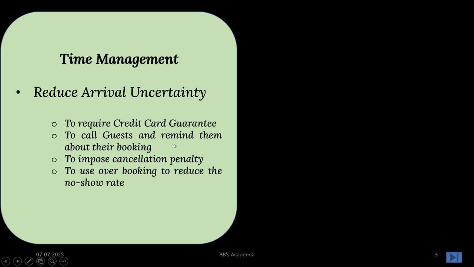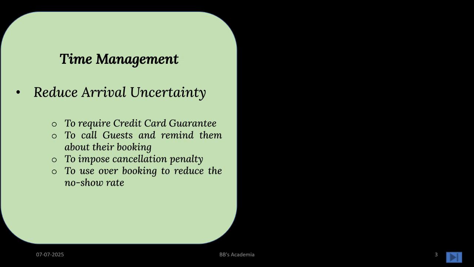Another way is to call the guest and remind them about their booking. At least 1 day or 2 days before the day of arrival, you can easily call the guest and remind him that he is coming on such and such date. You can say, sir, you have a booking with our hotel, tomorrow is your day of arrival.